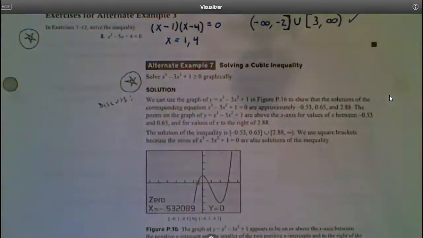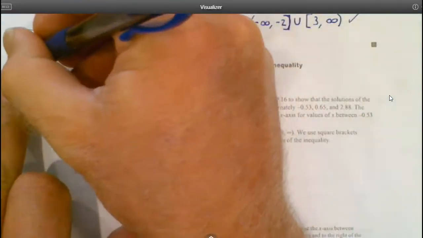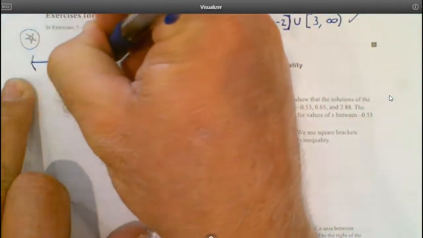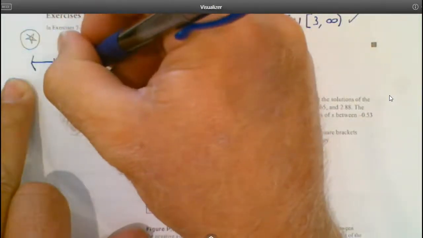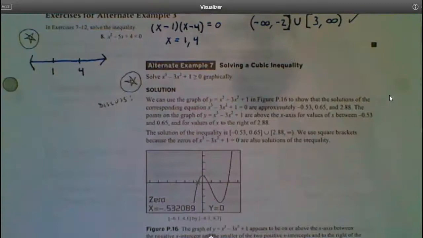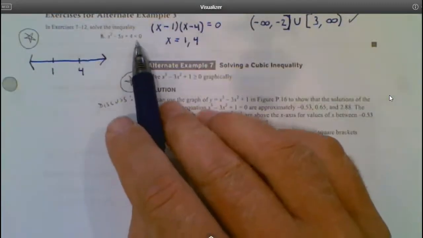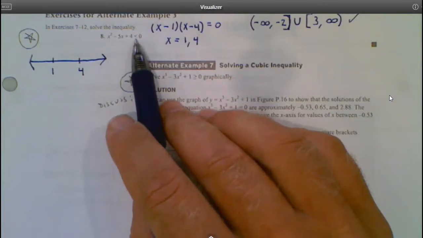All right, so those are my key numbers. So I would have to do some interval testing to see where this graph is positive and where this graph is negative. In this case, I'm actually now looking for the negative portion of the graph because it says less than 0.